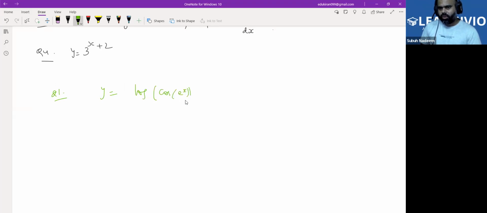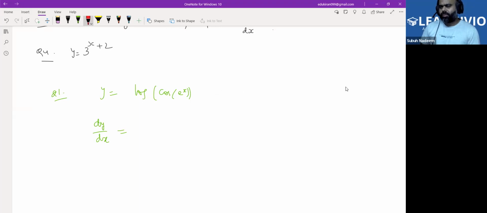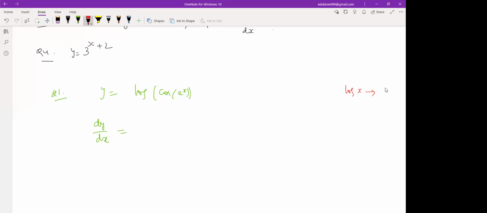chain rule, the word chain is very important. When you differentiate, you will see the outermost function, which is log. Whenever we differentiate log, if it is something like log of x, what do we get? 1 by x, right?